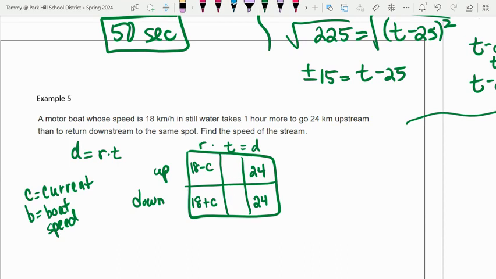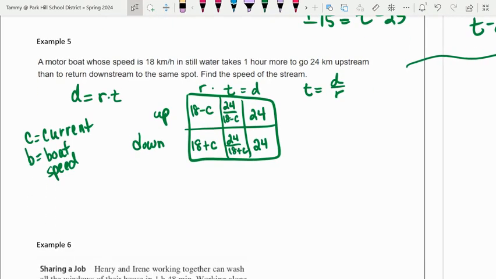Let's not do that. All right, so I'm going to work it the same way we did the first one. Time will be distance divided by rate. So let's look at it that way because we had too many variables in here. So 24 divided by 18 minus c, and this then will be 24 divided by 18 plus c. All right, so we set this up.